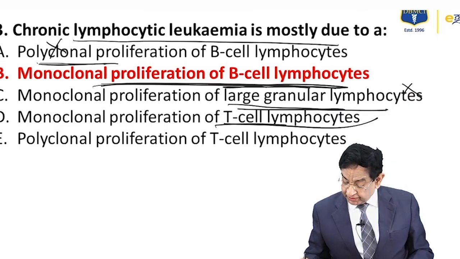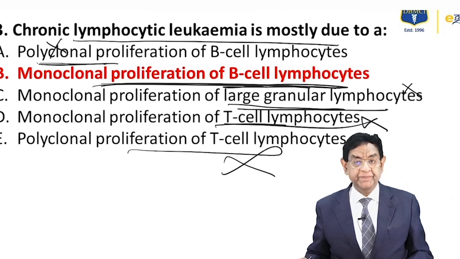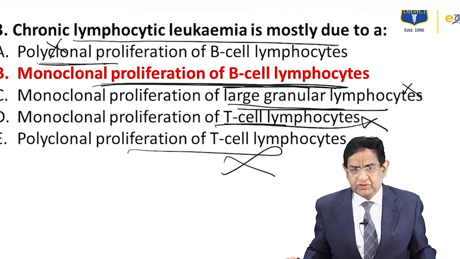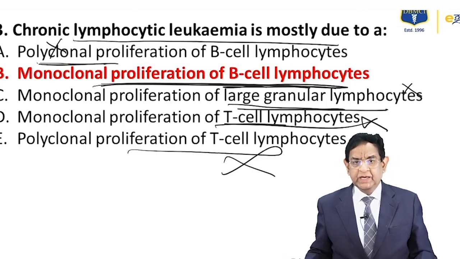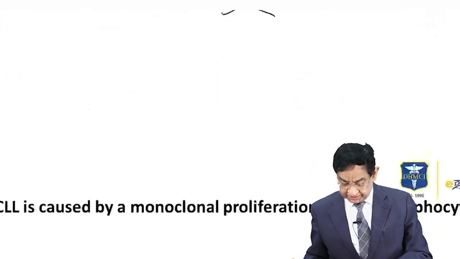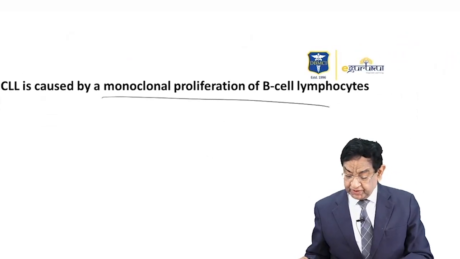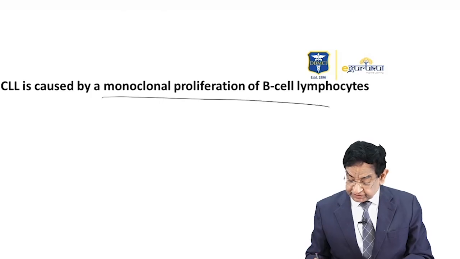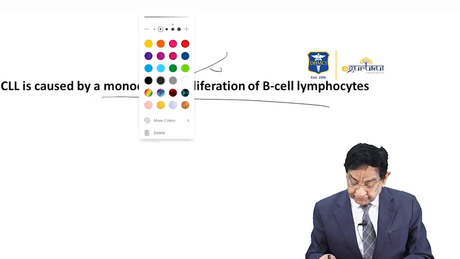T lymphocyte? No, they are B lymphocytes. Polyclonal T, no, B. So easily we could rule out, if you remember only one line which I told you, there is a small B lymphocyte proliferation. Called monoclonal proliferation of small B lymphocytes.